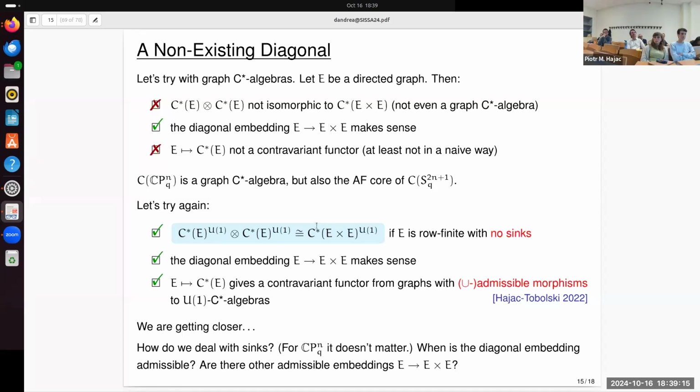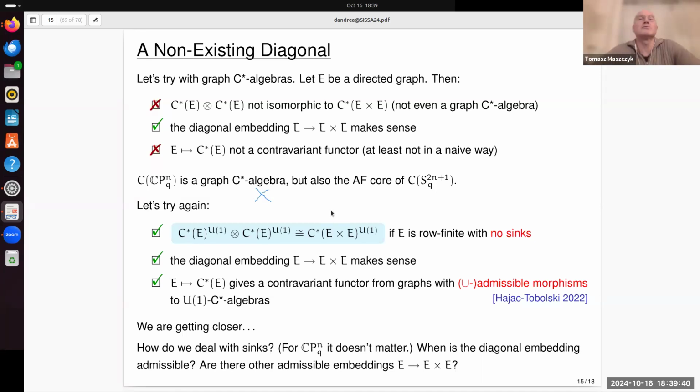But the interpretation of this as a kind of compatibility between the product of graphs and the tensor product of corresponding graph C*-algebras is slightly misleading. Yeah, I agree. Let me write down what you just said. So you can speak and I will be writing.